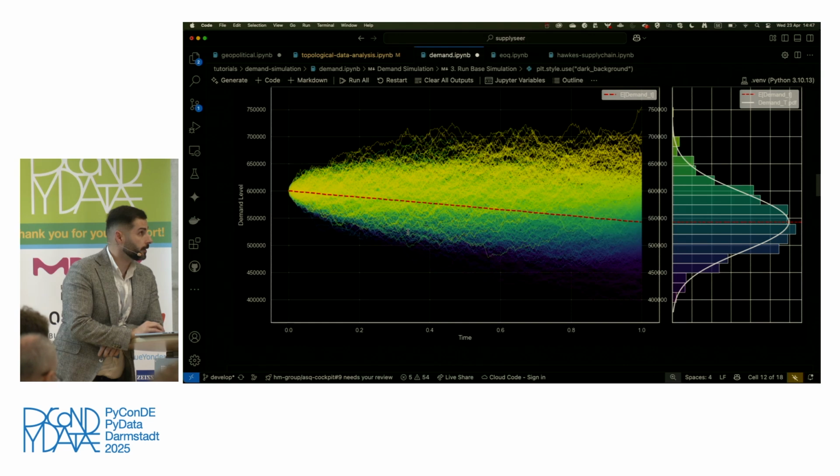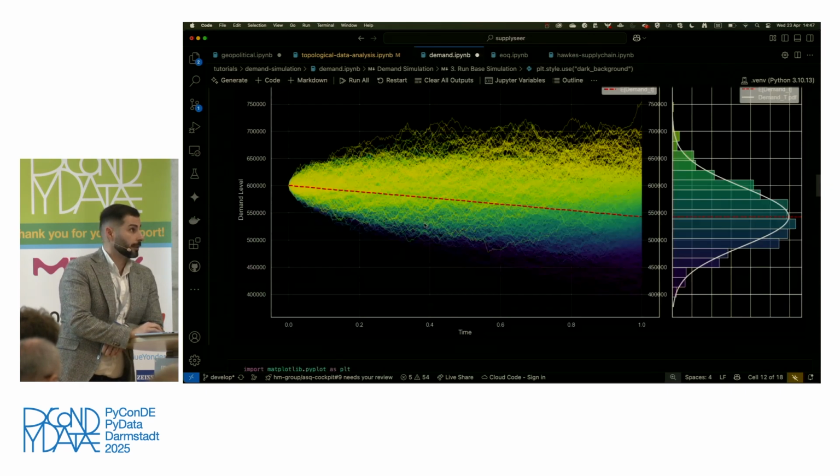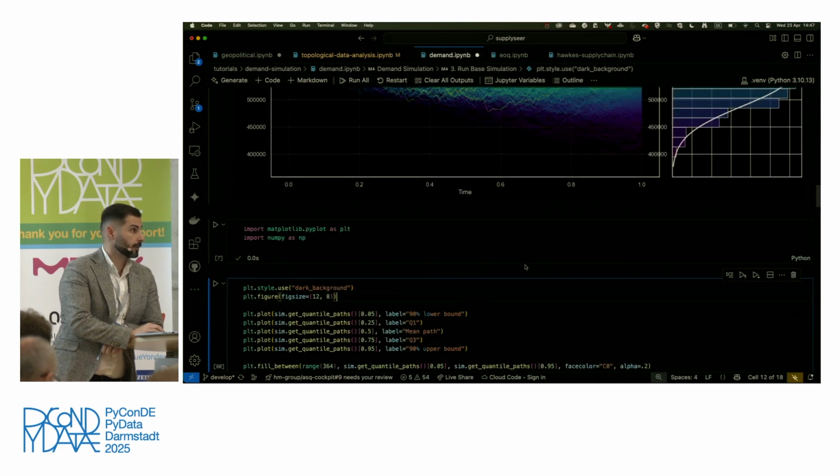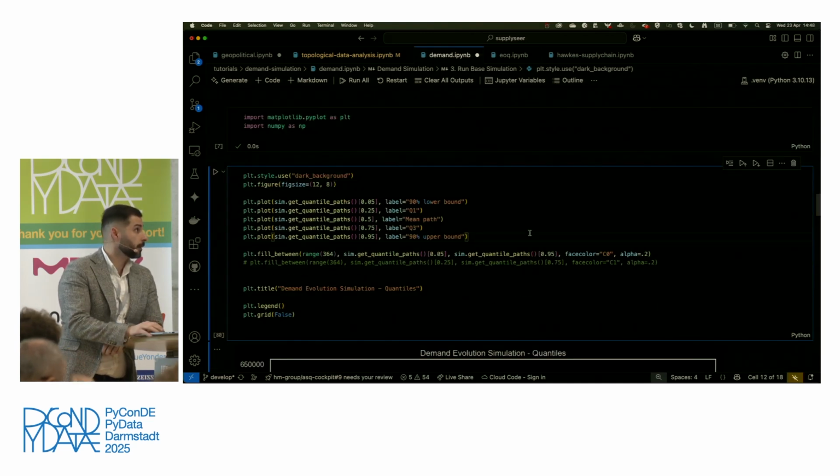And we're going to get the quantile paths. If we say where is 75% of the upper paths and 75% of the lower paths, what do they look like? I don't care about between. I want to know some summary statistics. We can execute this one.